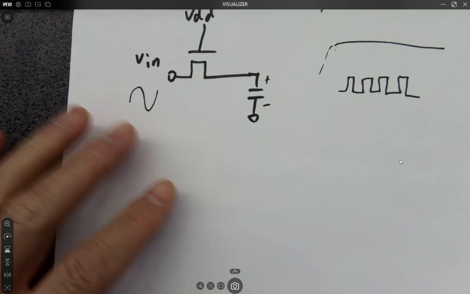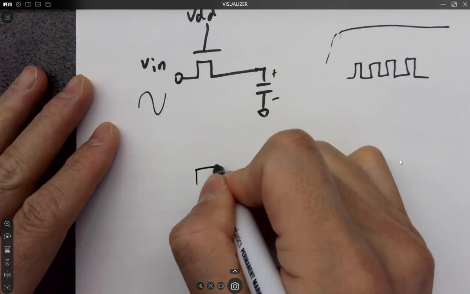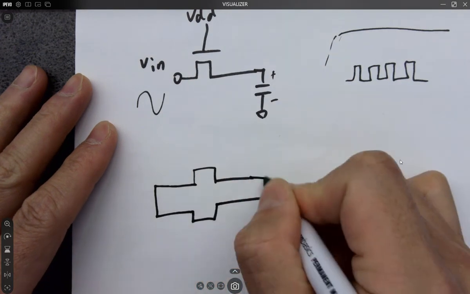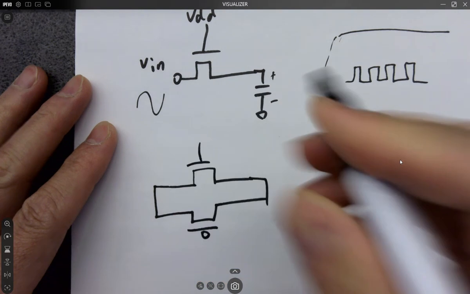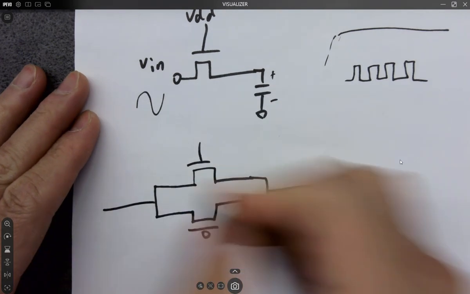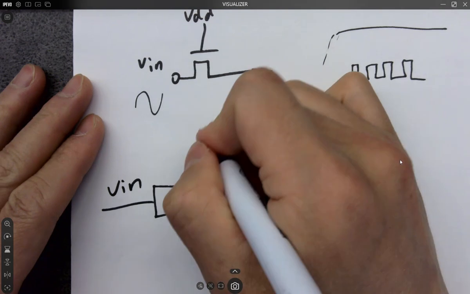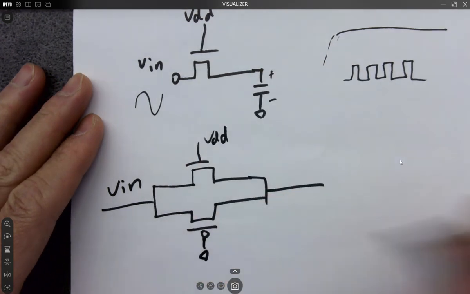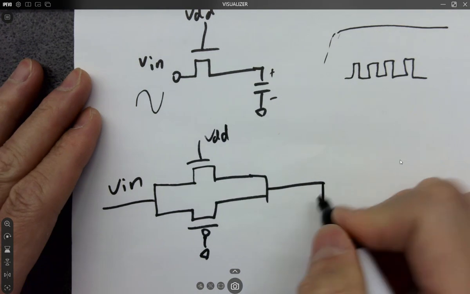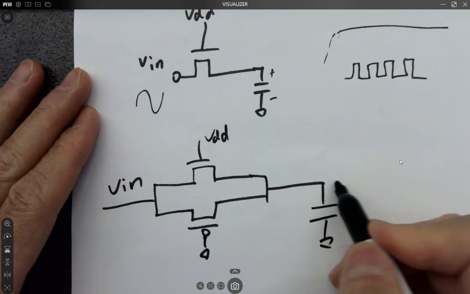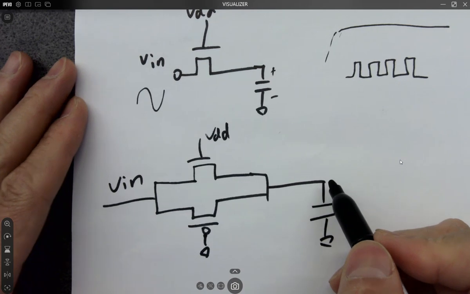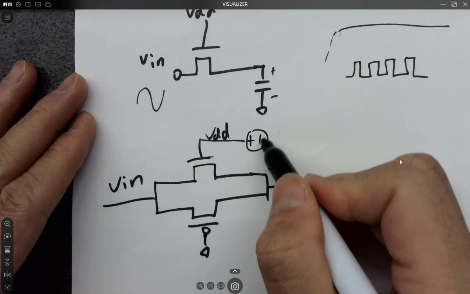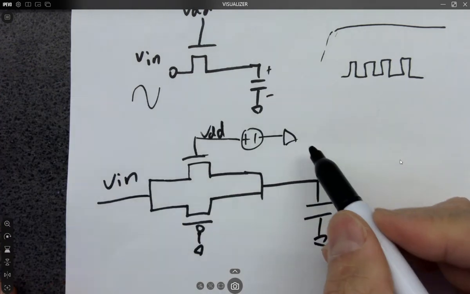And what's happening is V in, VDD, and let's say this is ground. Okay, when it's passing V in to the other side of the circuit. So your VDD is basically a battery, right? And it's grounded to the physical ground.